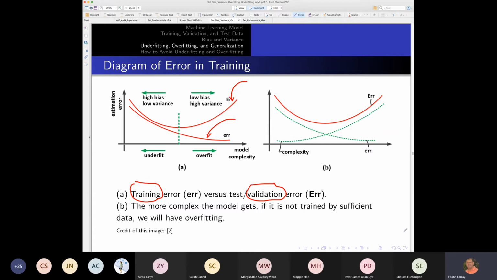So let me go back to this important figure. We are talking about this particular error. This is the estimation error, and this is the model complexity. Sometimes we also utilize the number of iterations. Model complexity here means a model that is too complex, but we can also have the same figure with the number of iterations for a particular model.